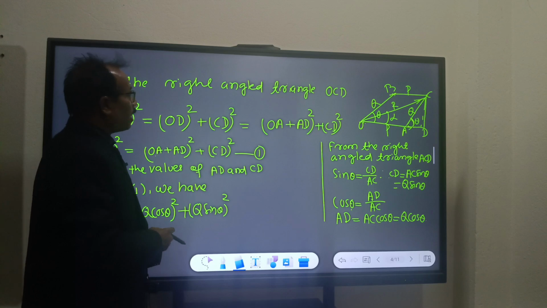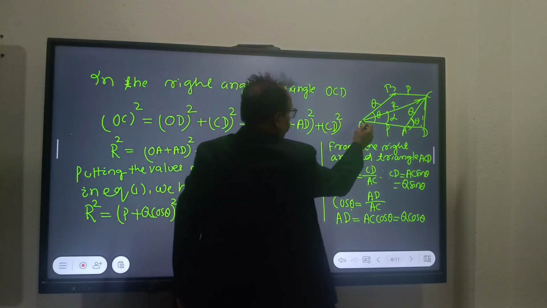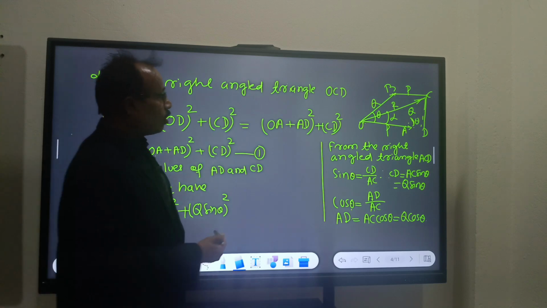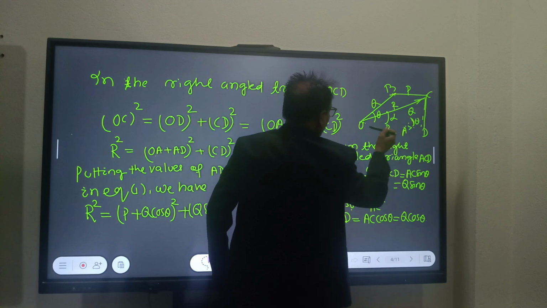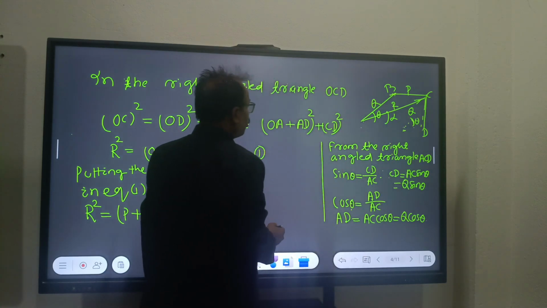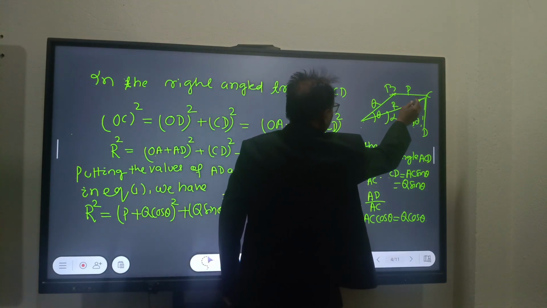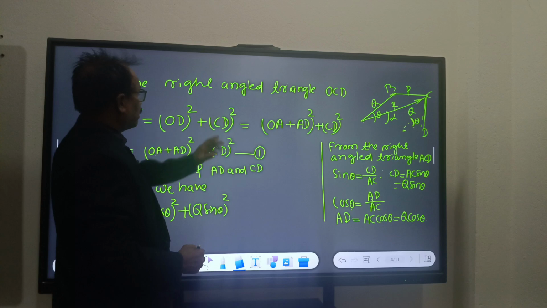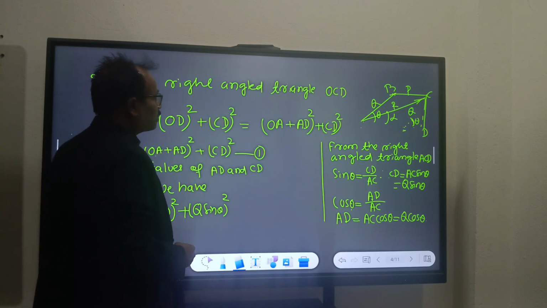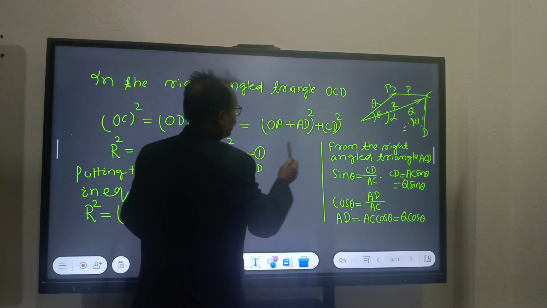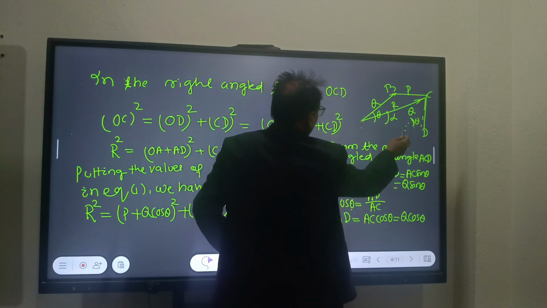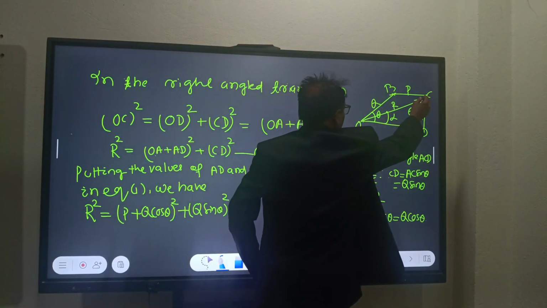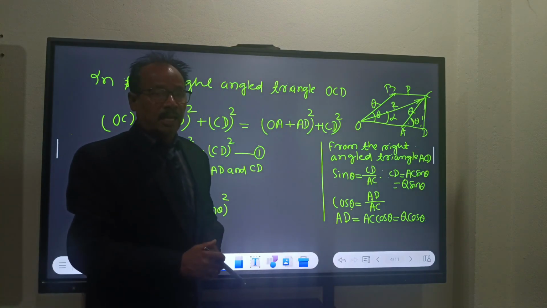Now, in the right angle triangle OCD, OCD is a right angle triangle.